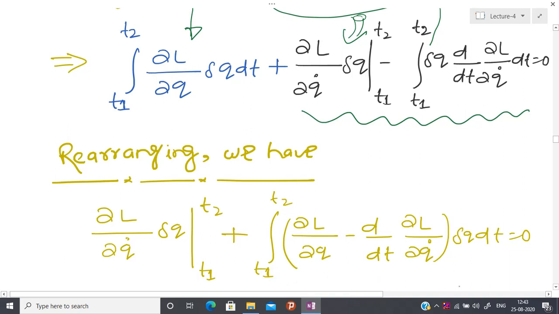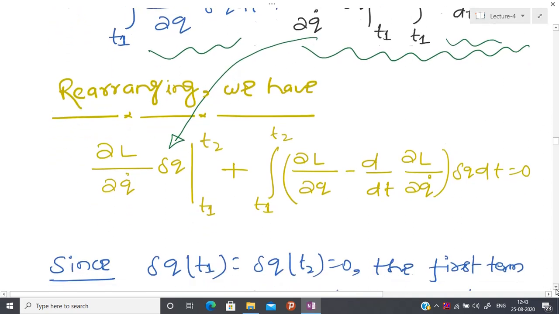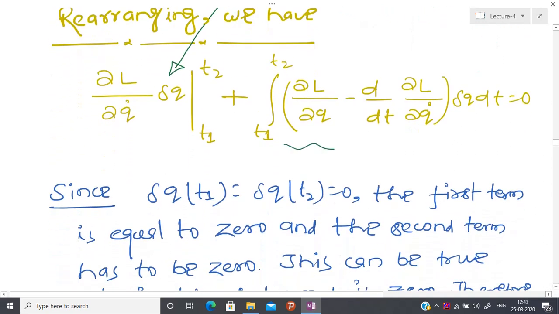So this relation comes into the picture by rearrangement. You can see that this particular term is reflected here, and after that I am going to collect this particular integral and this side of the integral, and then I get this. So just please check it, that is pretty easy.